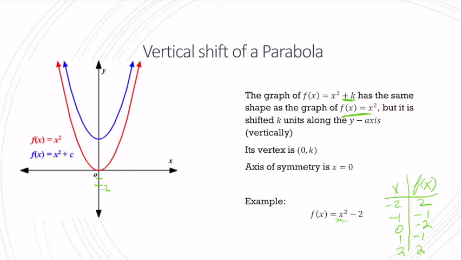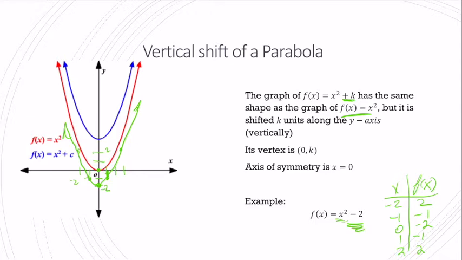Now we're going to be shifted down to -2. When x is -1, y is -1. So that's (1, -1). And when x is 2, y is 2. Okay, so here's the graph of my new parabola. It is our original parabola just shifted down 2.